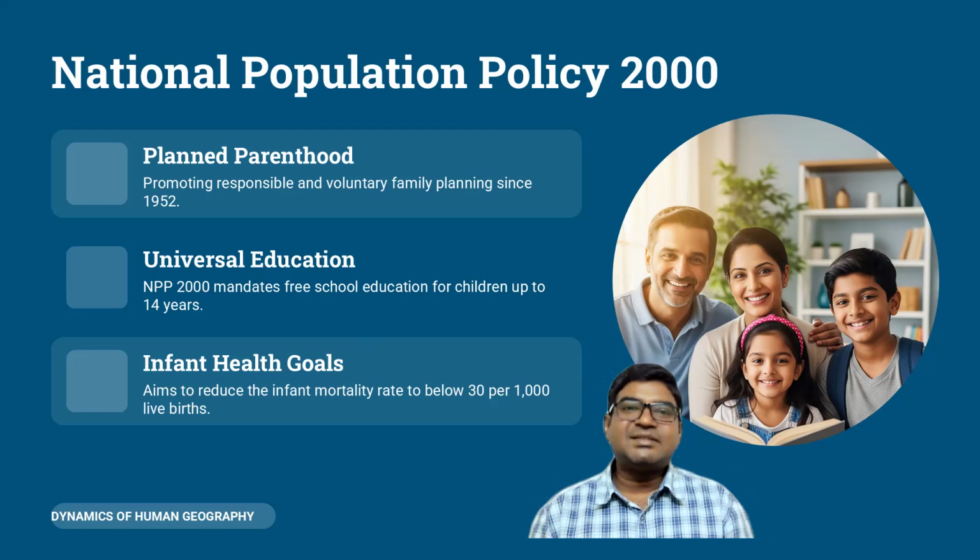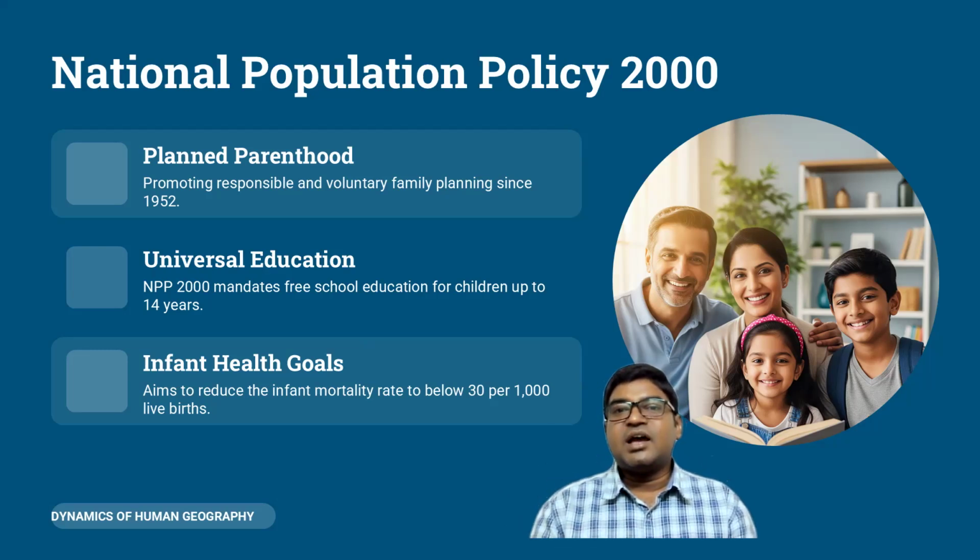And we also discussed the National Population Policy 2000, which covers the framework of how we can reduce the population in a healthy way by educating people and making parents more responsible and voluntarily coming up with the family planning process.